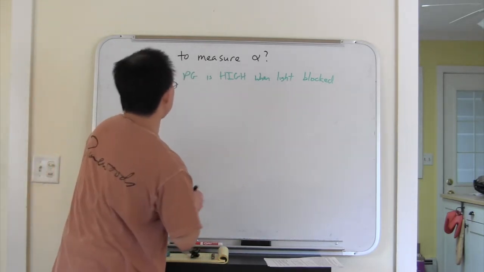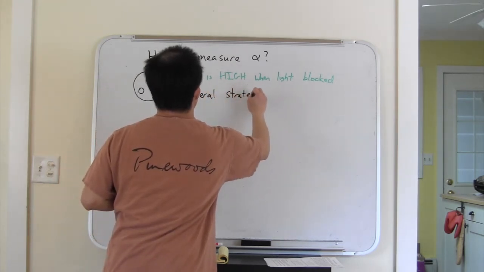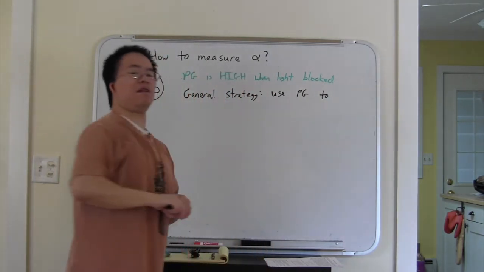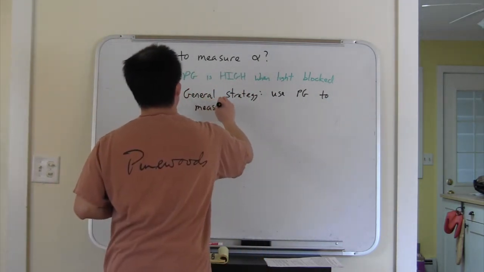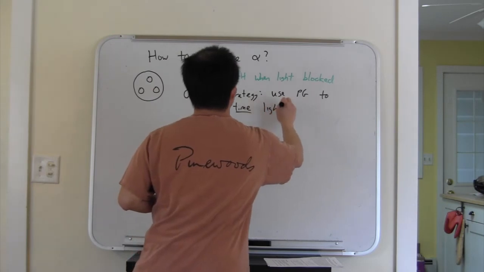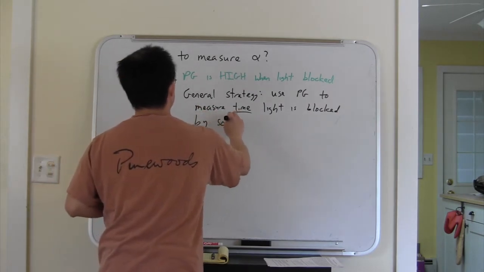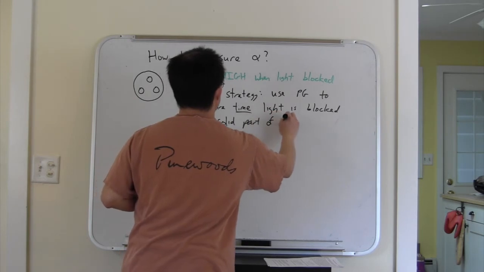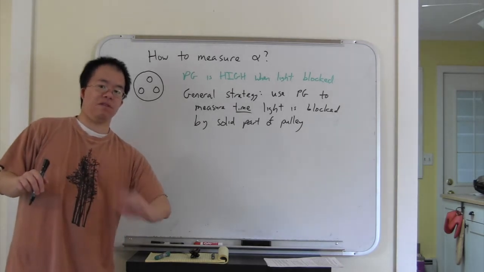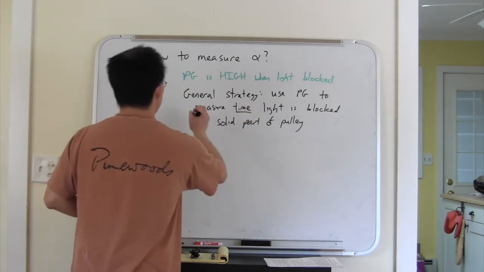So let's be specific. The general strategy is to measure the time that light is blocked by a solid part of the pulley. Let me call this time delta t.